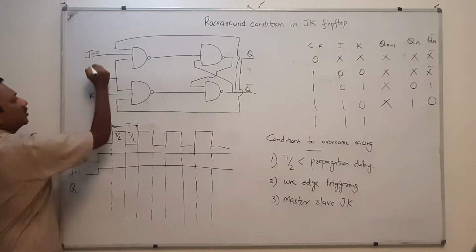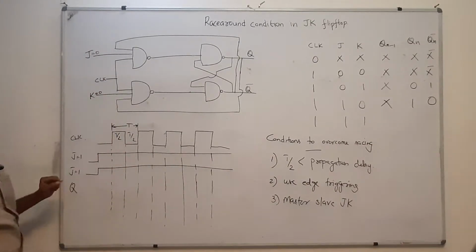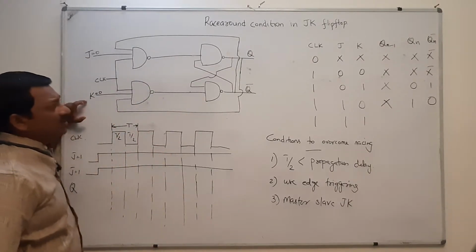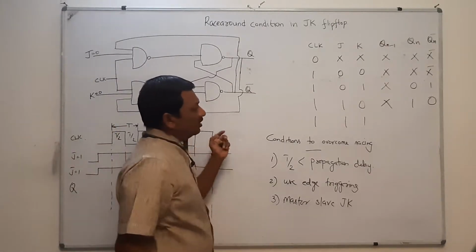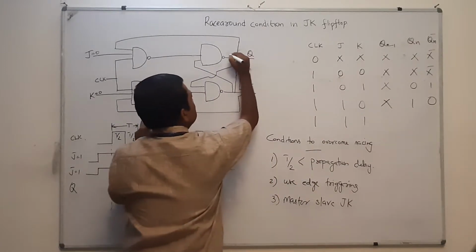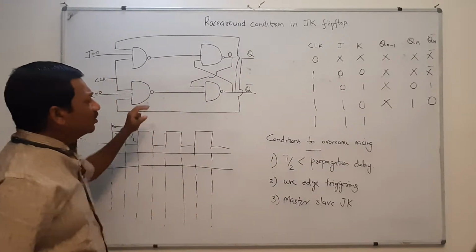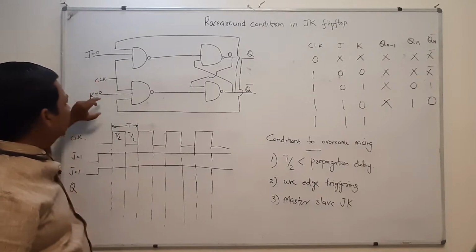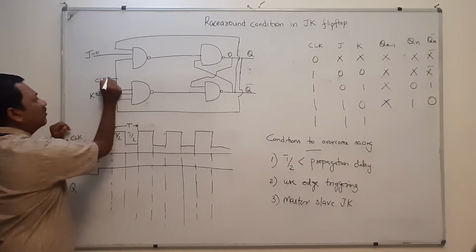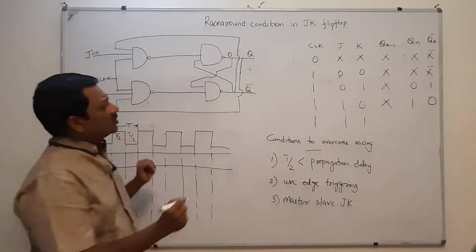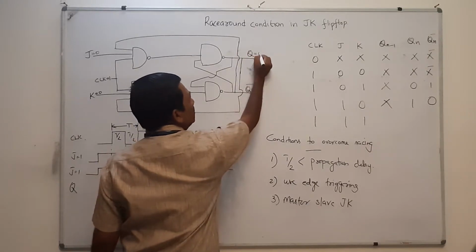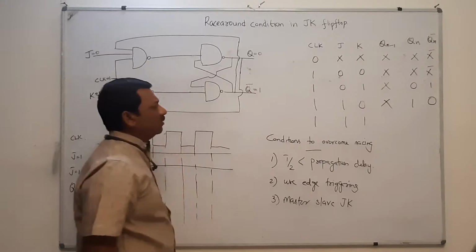Suppose the previous value of Q is X. Suppose Q is 0, then Q bar will definitely be 1.